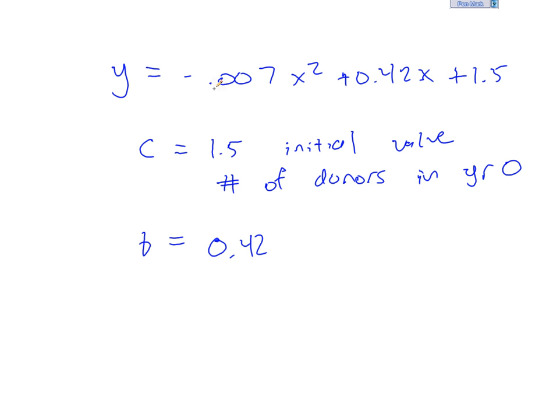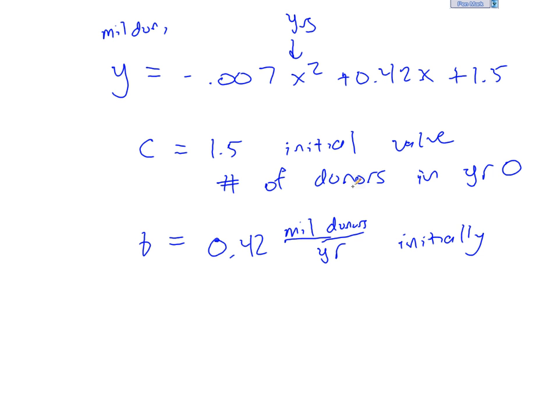So 0.42 what? Well, it's the change in Y over the change in X, and the Y measures the millions of donors, and this measures the number of years. So we would have million donors per year initially. That's the initial growth rate.